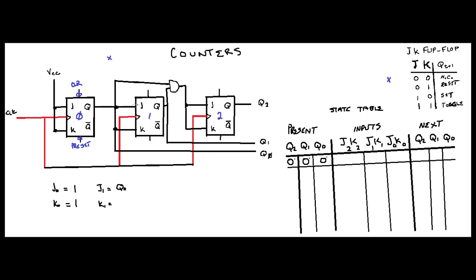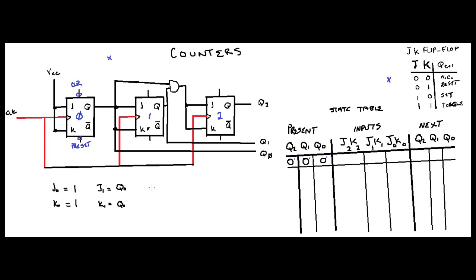Because it's attached to it. And K1, now we're looking at the middle flip-flop. Since K1 is connected to J1, it's going to equal the same thing, isn't it? So they're both equal to Q0.